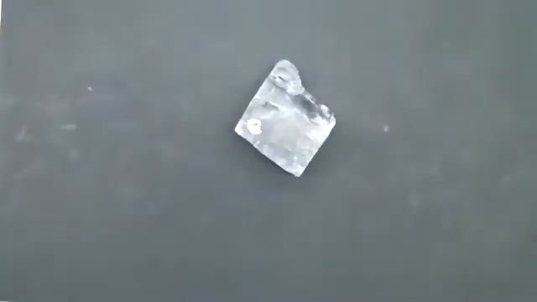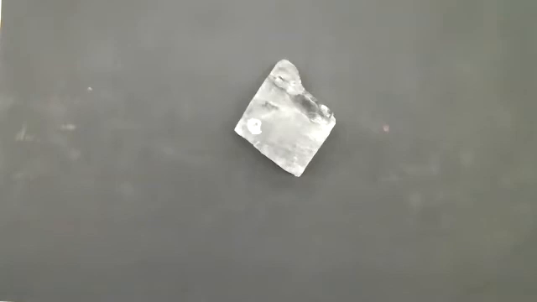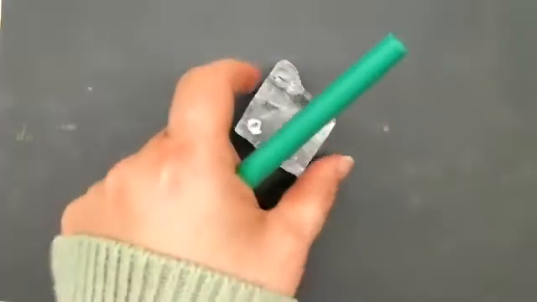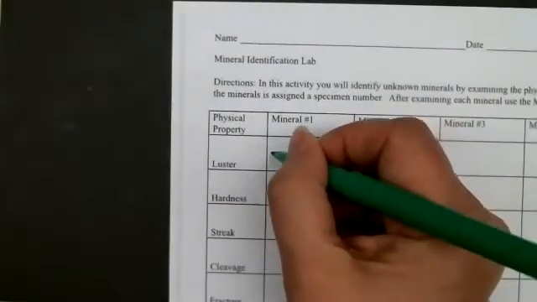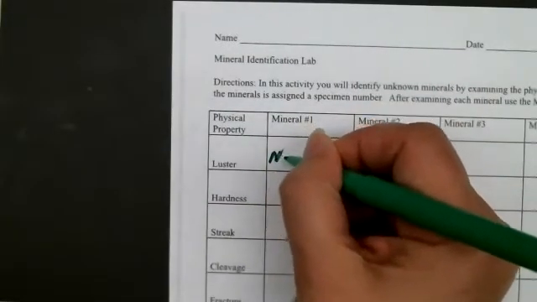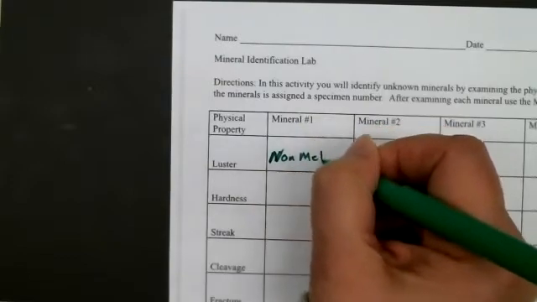Okay? This mouse is non-metallic. It is shiny, but it's non-metallic. So does it look more like the penny, metallic, or the mouse, non-metallic? It is in fact non-metallic. So I'm going to go ahead and get my data table, and I'm going to record under mineral 1, non-metallic.